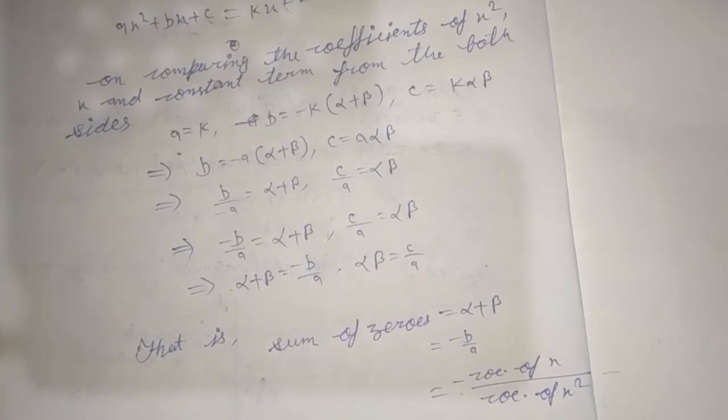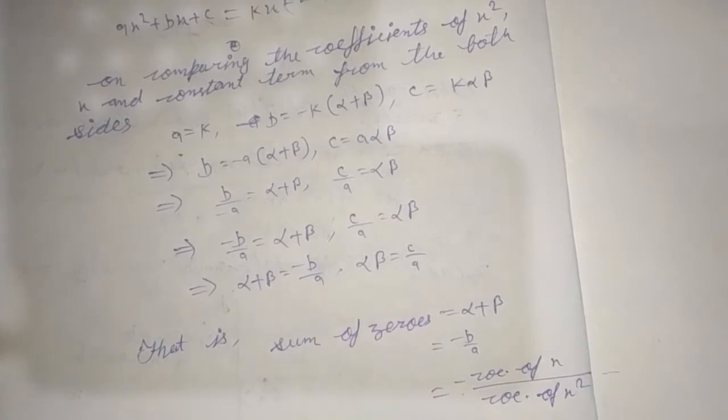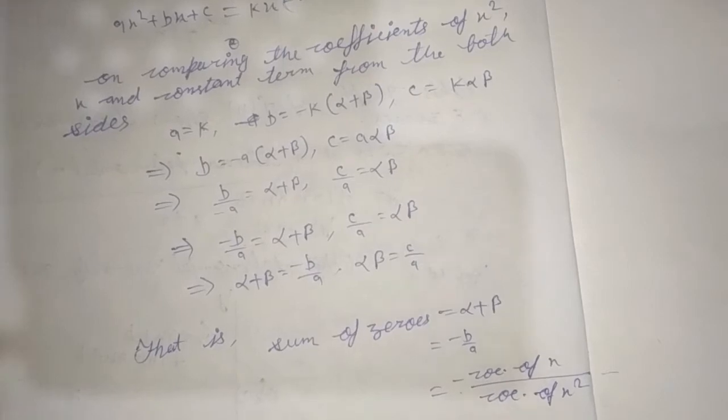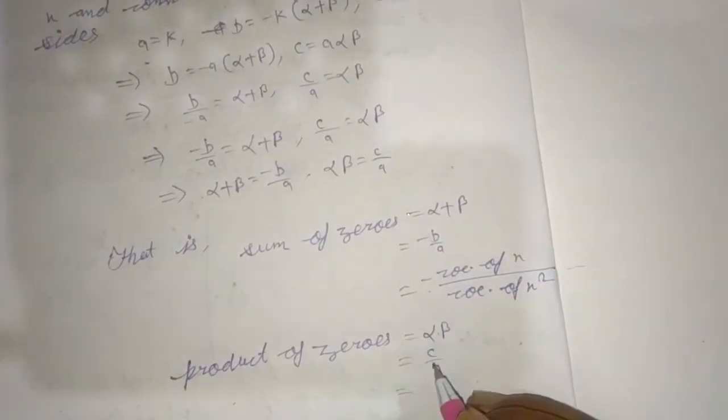Also the product of zeros, alpha into beta, is c upon a. What is c?